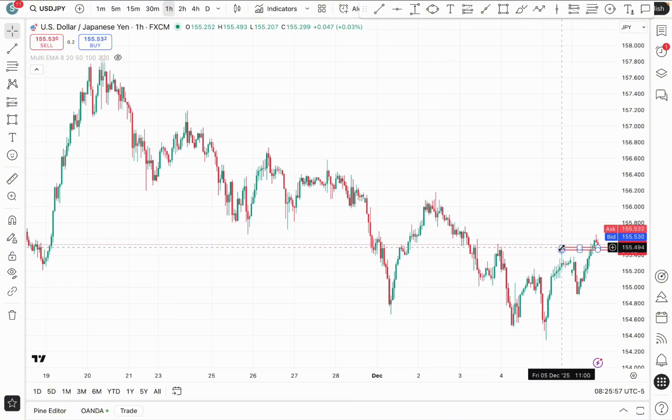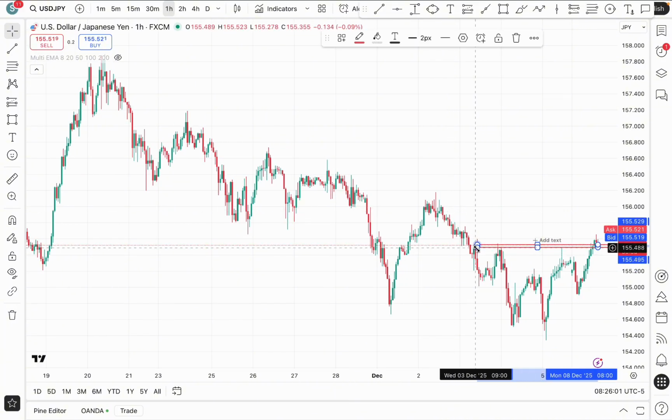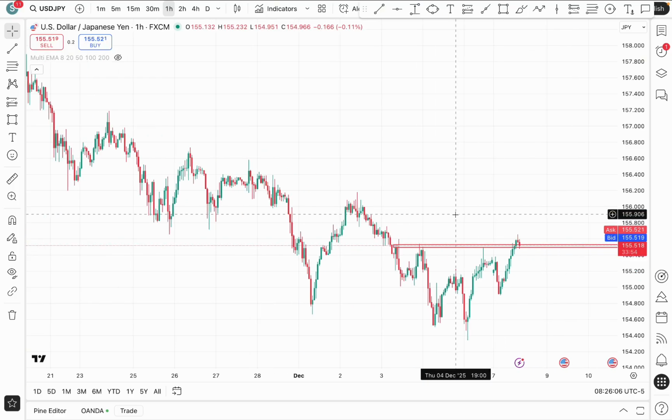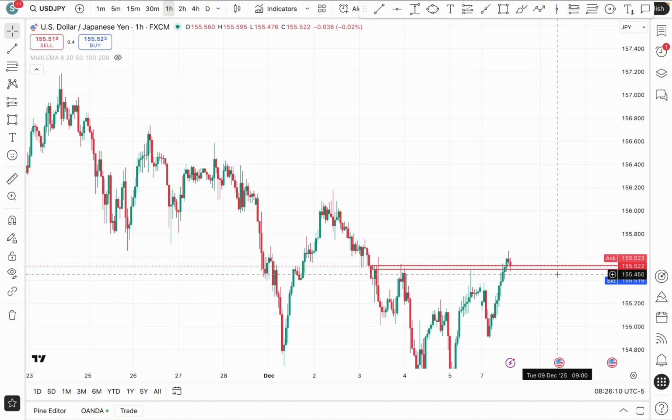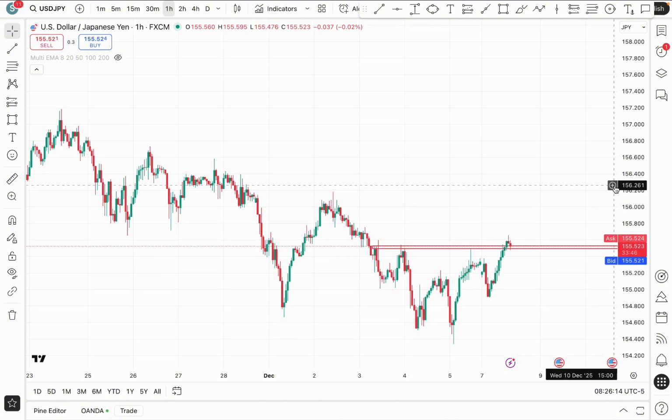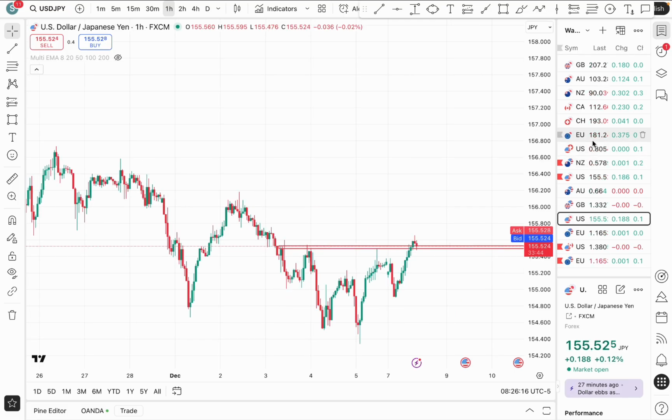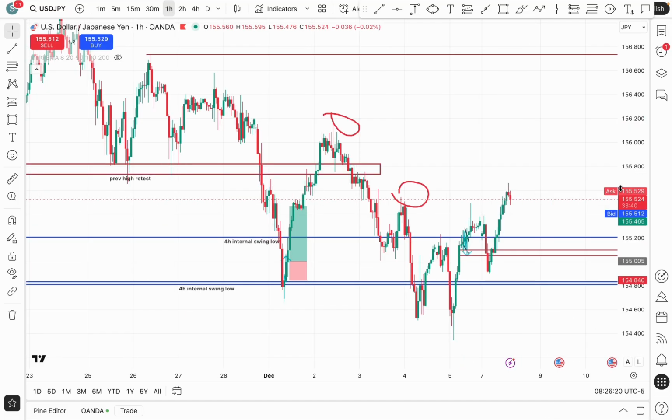So in my last video, my previous video, I was talking about breaking these highs, and with the pullback going on, I still have that marked up on a different one. Hold on, where is it? Right here.